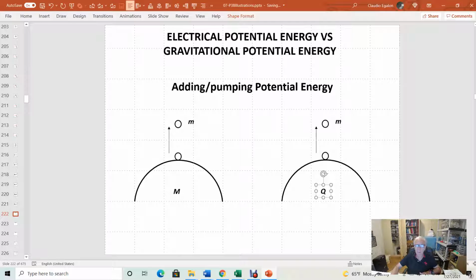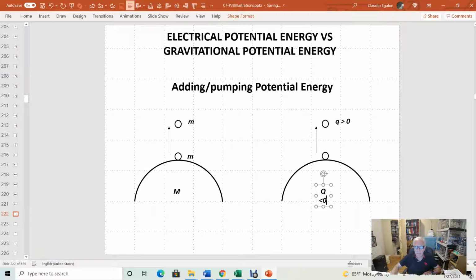Instead of having a small mass here, I'm going to have a small charge. It can be a large charge too, but I'm doing that just to prepare you for what is going to come next. I'll call this one a positive charge, and this one here is going to be a negative charge.